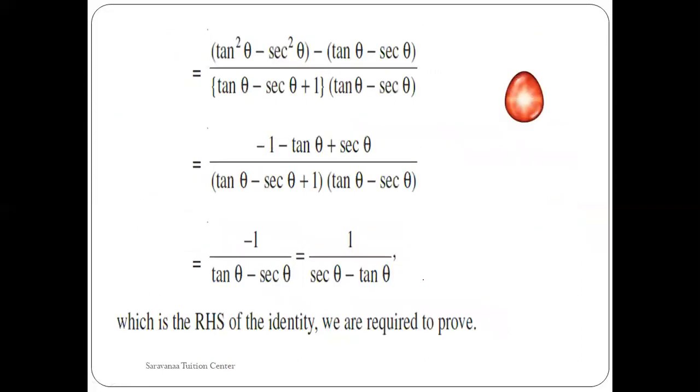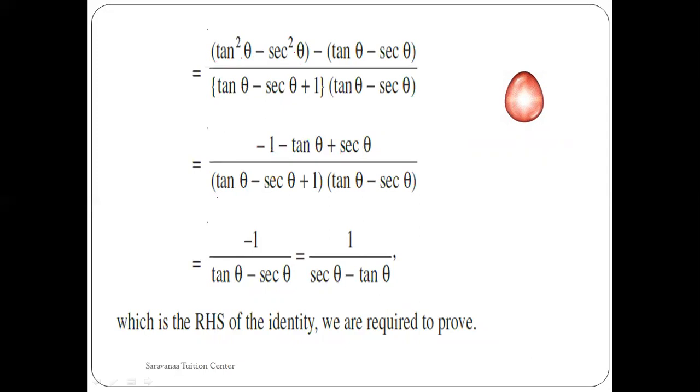Okay, you get tan square theta minus secant square theta minus tan theta minus secant theta. Now you need to take tan theta minus secant theta commonly outside. You get minus 1 minus tan theta plus secant theta, as tan square theta minus secant square theta equals minus 1, right? So you get like that. Minus 1 minus tan theta plus secant theta.